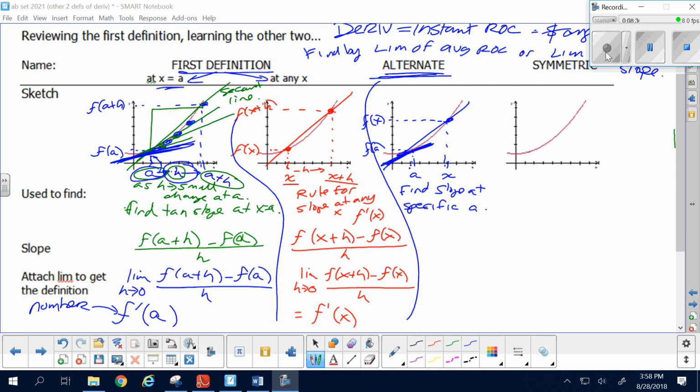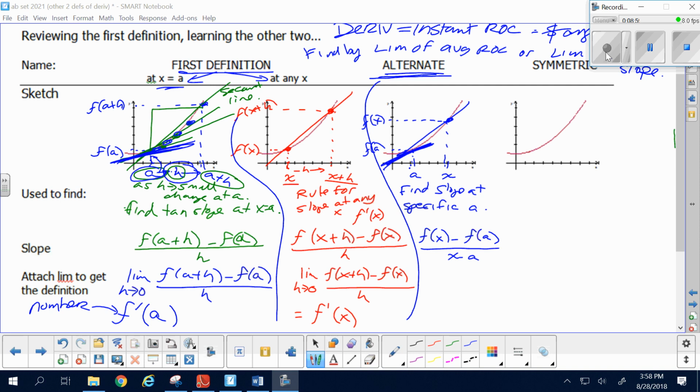The slope between those 2 points, the change in y is f of x minus f at a. Here's going to be a little different. The change in x, or the difference between the two x's, is x minus a. So when you see, rather than an h in the denominator, an x minus a in the denominator, you're going to know you're dealing with the alternate definition right away.